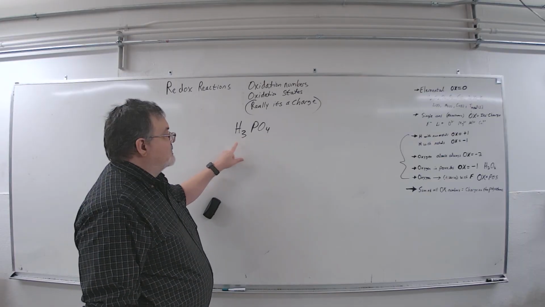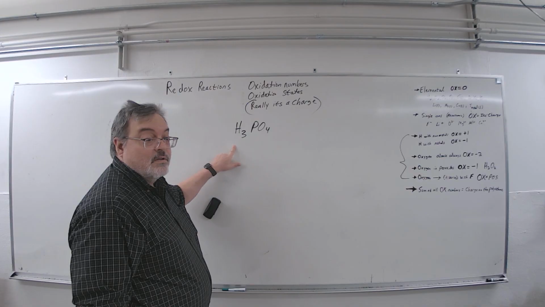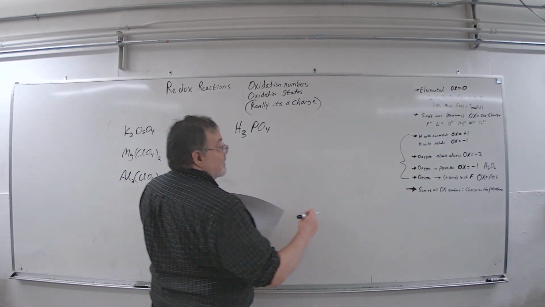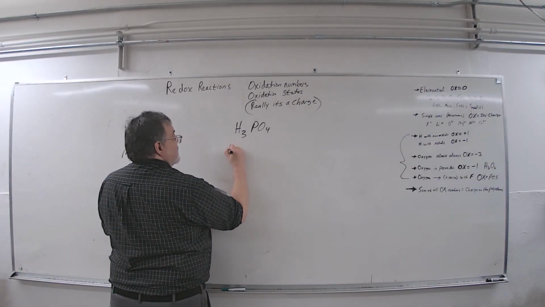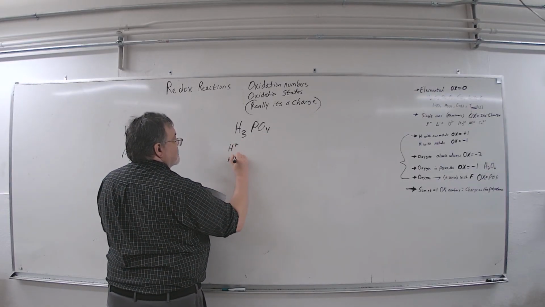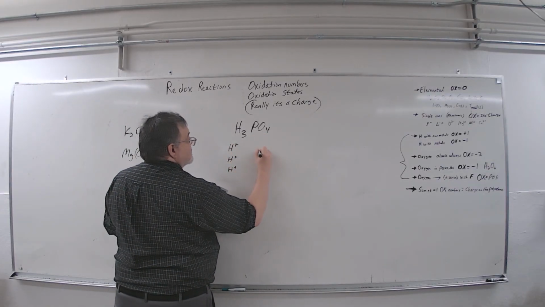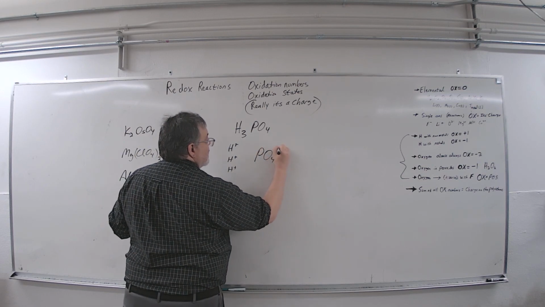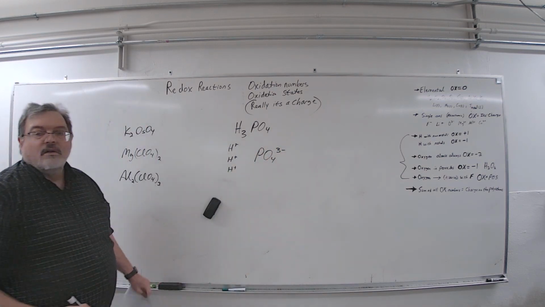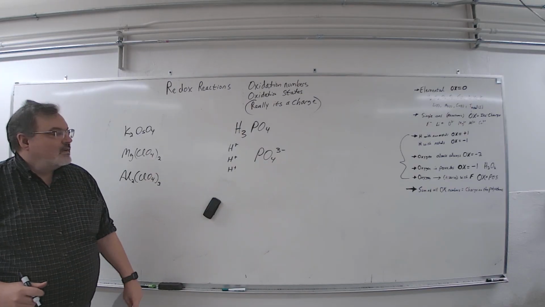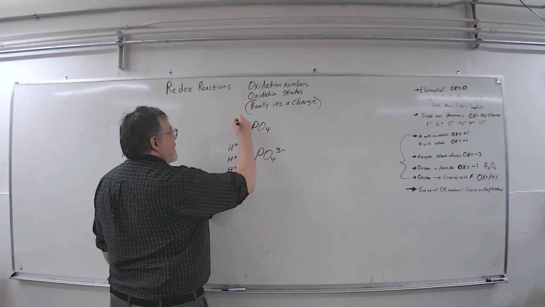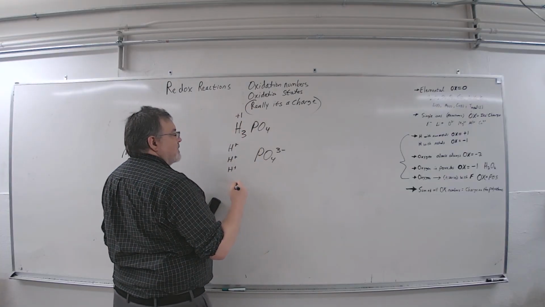These are nonmetals. So what's the charge on the hydrogens? +1. H with nonmetals is +1. So we've got H plus, H plus, H plus. You follow that? So your strategy is to pop those 3 hydrogens off. It's +1 for the hydrogen.